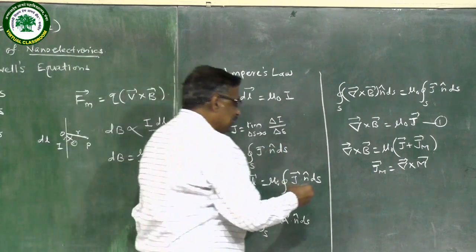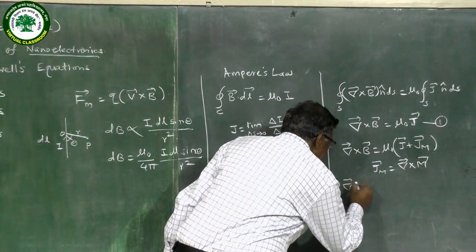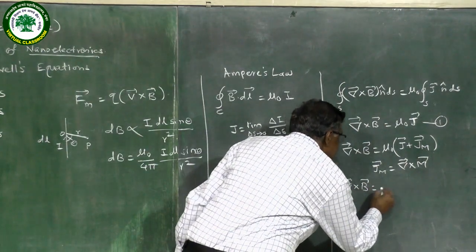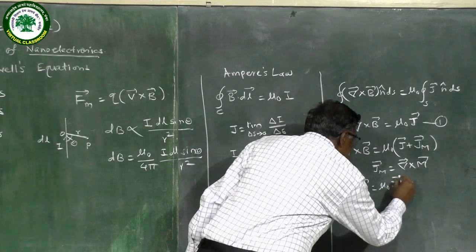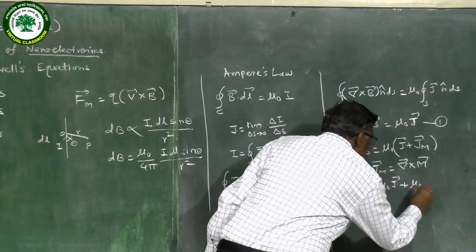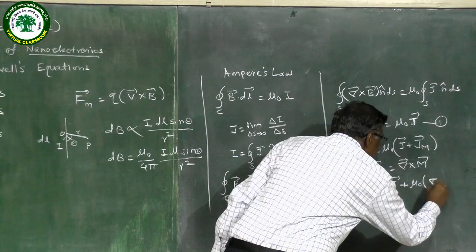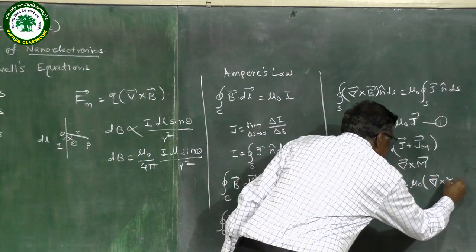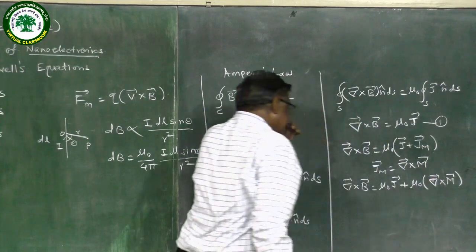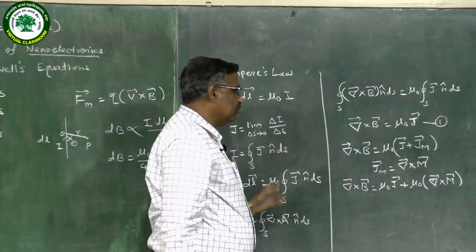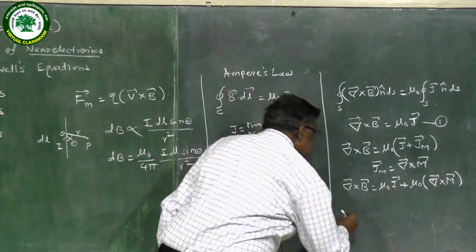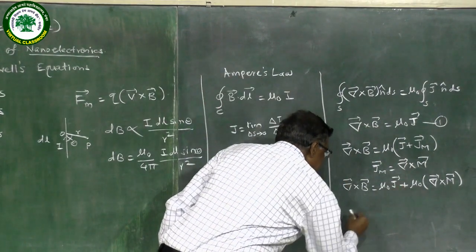And if we put this value, the equation should be written as curl of vector B is equal to mu 0 into J plus mu 0 into curl of vector M. Now take the curl operator on the left hand side, so divide throughout by mu 0.